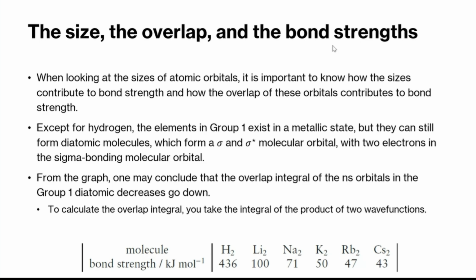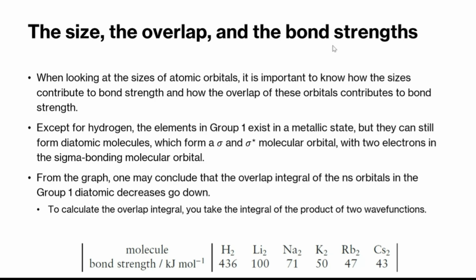However, they can still form diatomic molecules, each of them having a sigma bonding and a sigma antibonding molecular orbital, with 2 electrons in that initial sigma bonding molecular orbital. From the graph, one may conclude that the overlap integral of the ns orbitals in the group 1 diatomics decreases as you go down.